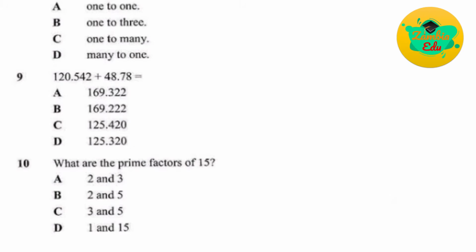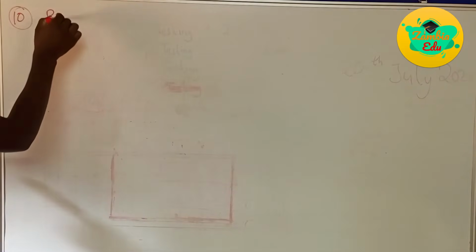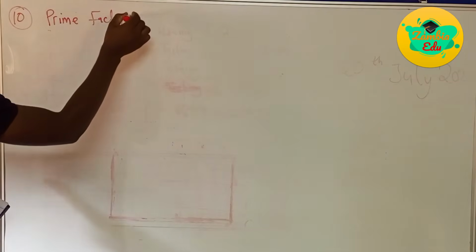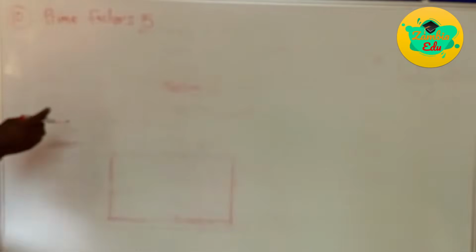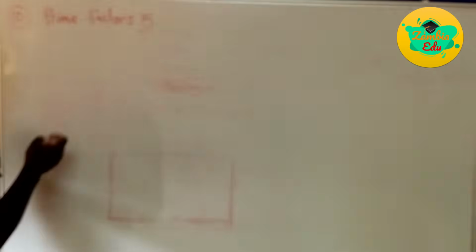Question number 10 says, what are the prime factors of 15? So we are trying to find the prime factors of 15. First and foremost, let's come up with the factors of 15.